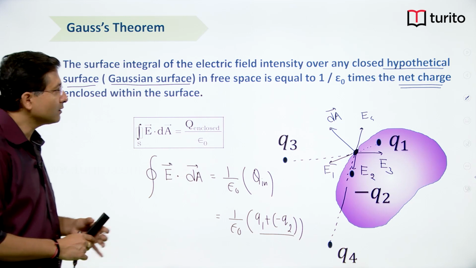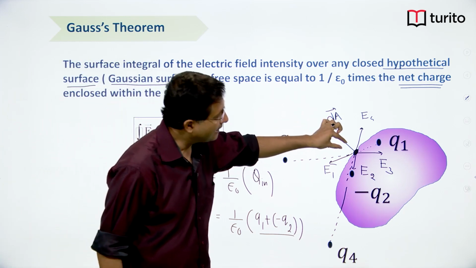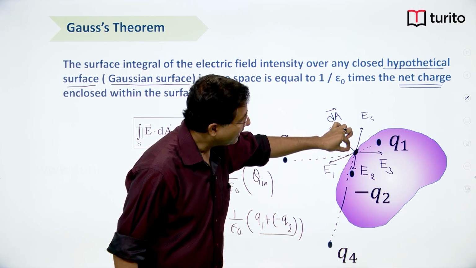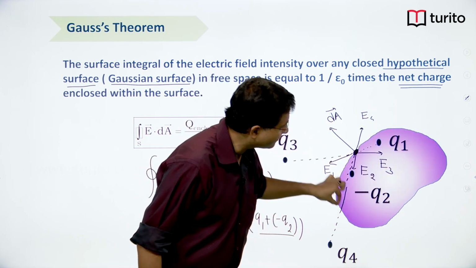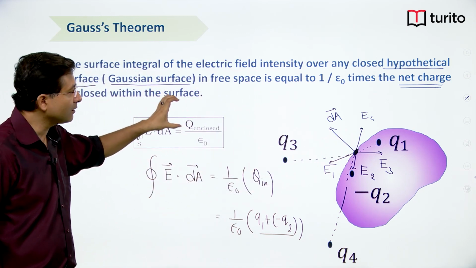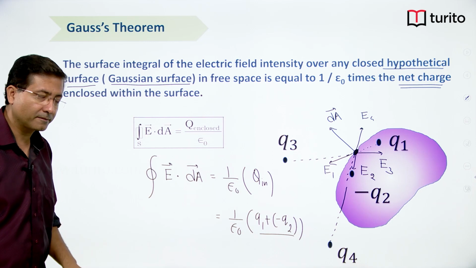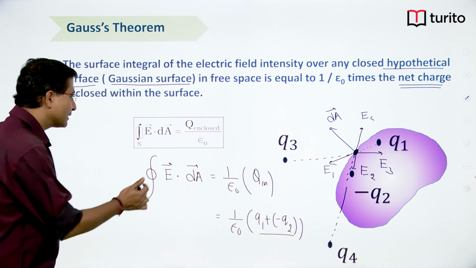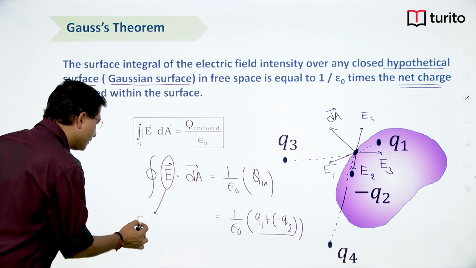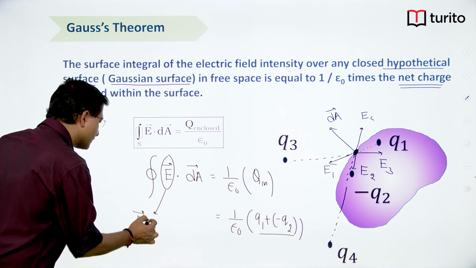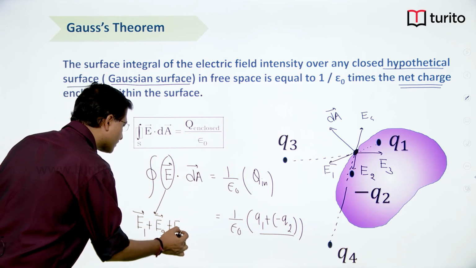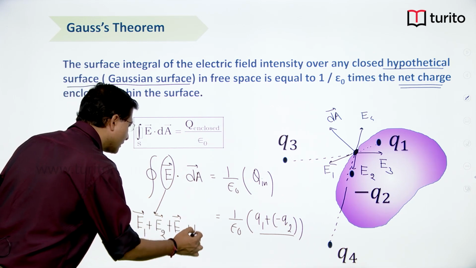So due to all the charges, you write the net field at this particular point and integrate over the surface, then the value of that integration comes Q enclosed by epsilon naught, right. So that means this field is the net field, which is because of the first one, second one, third one and fourth one.